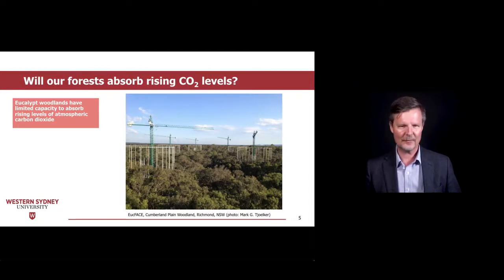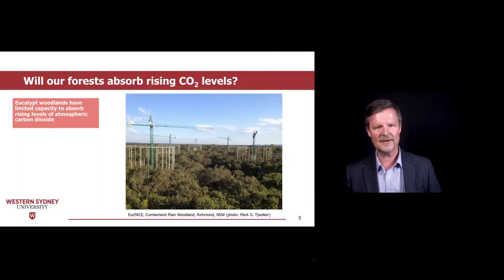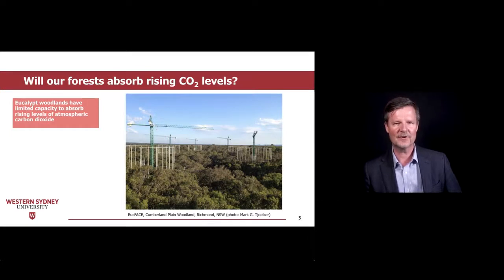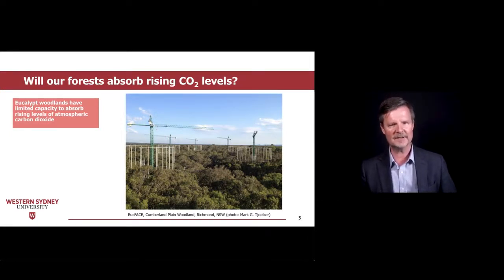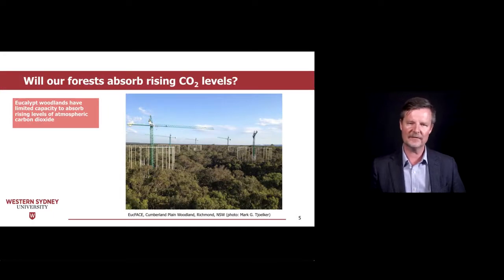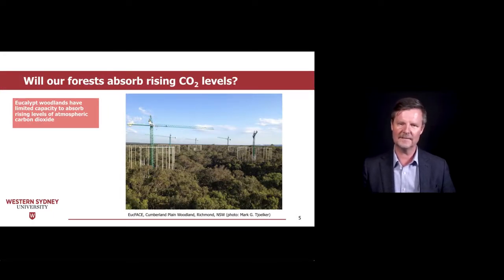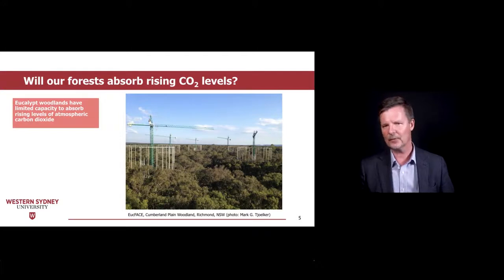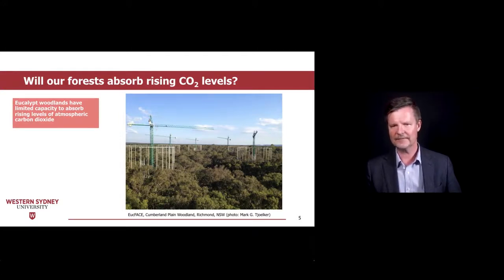Grounded in great research conducted here at Western Sydney University, we discovered that our native eucalypt woodlands may have limited capacity to absorb rising levels of atmospheric carbon dioxide. If this finding holds true more generally, our forests may lose their effectiveness to act as a green sponge for rising carbon dioxide levels.